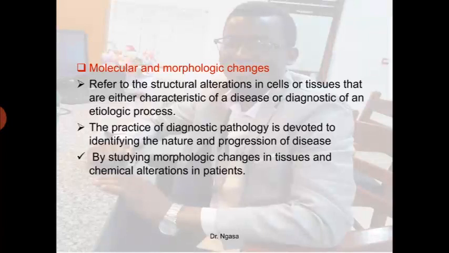We check for the changes which have occurred due to contact with a certain stimulus, and these changes may be directly linked to the development or characteristic of a certain disease, or can be used as diagnostic for the causative agent or etiological process. So the practice of diagnostic pathology is devoted to identifying the nature and the progression of a disease by studying morphological changes in tissue and the chemical alterations in patients.